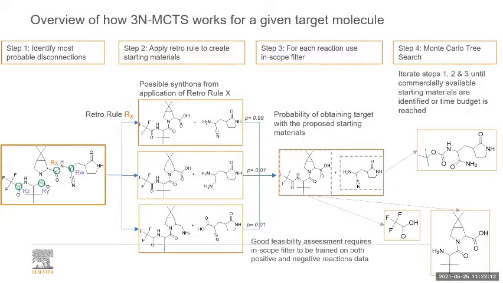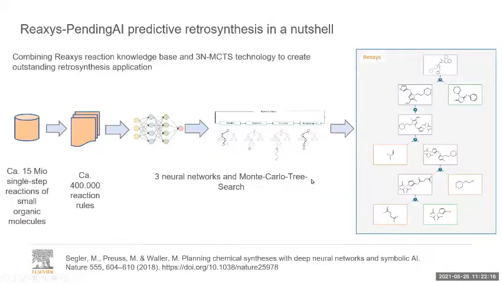Once that is done, the result will be presented to the user. In a nutshell, it combines the reaction knowledge base and the 3N-MCTS technology from Pending.AI to create what we call an outstanding retrosynthesis application. You should give it a try to really see that it is an outstanding application.